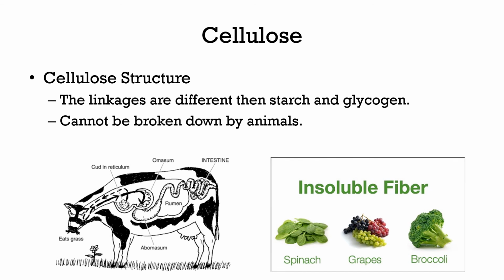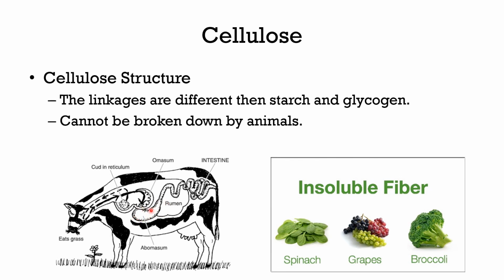So the digestive system of a cow is very complex. It has multiple stomachs, and it also has some special things that it does. For example, it will regurgitate some of the plant matter and have it come back to the mouth, and they'll re-chew it. So they have to really break down the cellulose or the plants until it's very small.